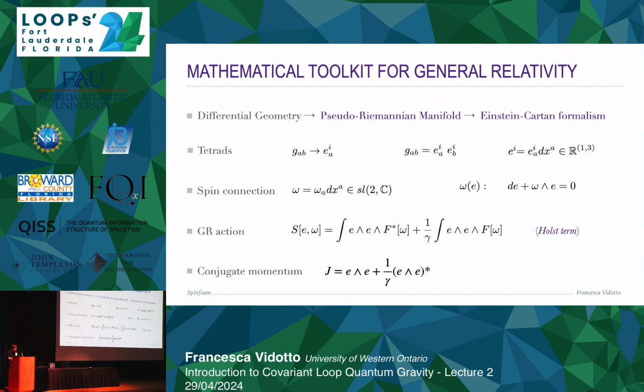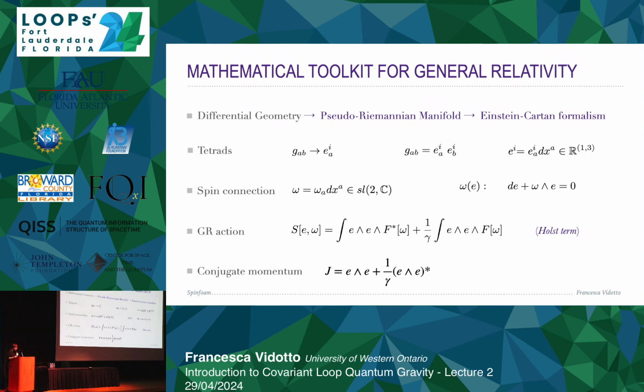And what I'm telling you is that this B two-form cannot be anything. It has to have this particular shape given by the J. So BF theory, for those of you who know it, is a topological theory, so there are no propagating degrees of freedom.